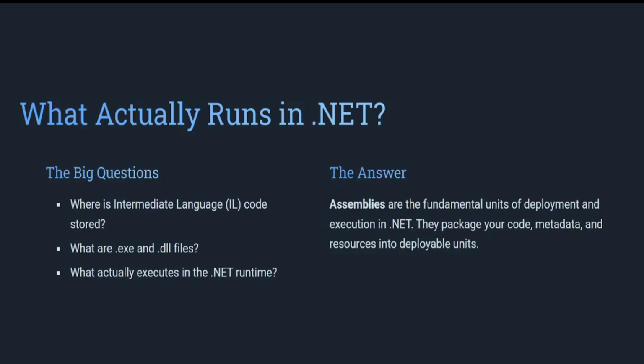Now, all these questions have one simple answer, assemblies. These assemblies are the fundamental units of execution and deployment in .NET. Means they package everything together, like your code along with metadata and other required resources, into a single unit. And this is what actually gets loaded and executed by the CLR.